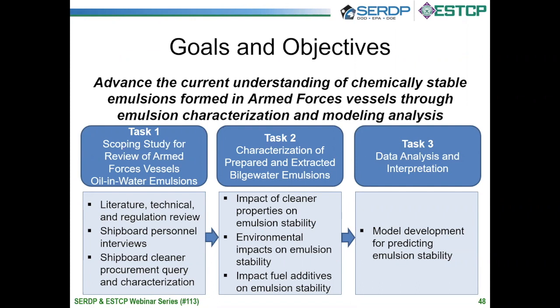The data that was produced from task 2 is now being fed into our model to try and predict which parameters would be most helpful in identifying whether or not a cleaner would be problematic if found shipboard for emulsion stabilization. And we're currently working through task 3 this year.